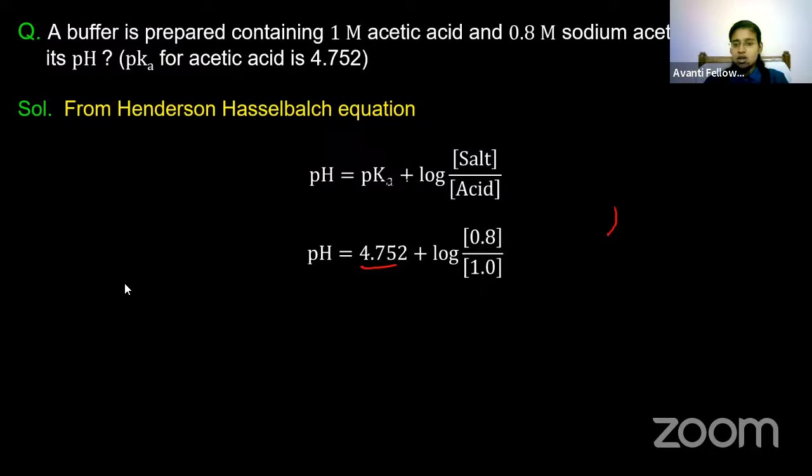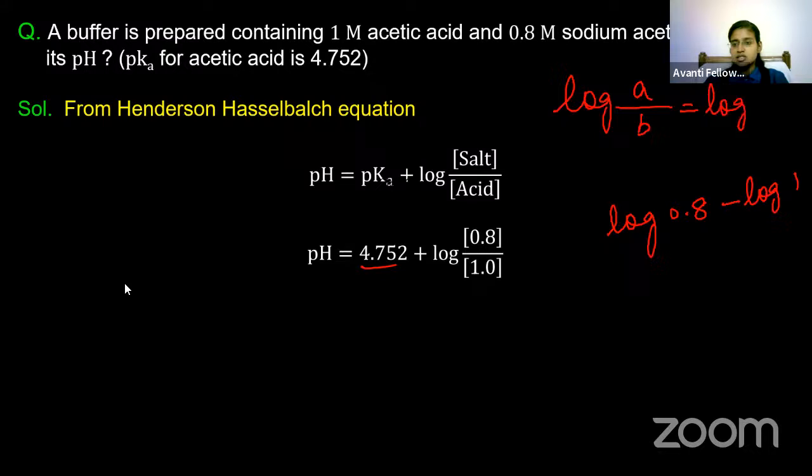So it is log 0.8 minus log of 1. If you have log A by B, it should be equal to log A minus log B. Got it? Now log 0.8 is around 0.097, and log 1 is equal to 0.